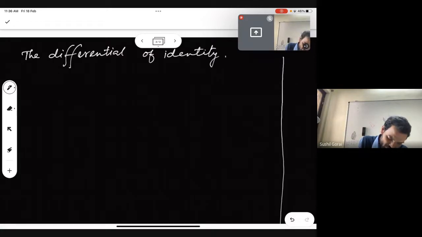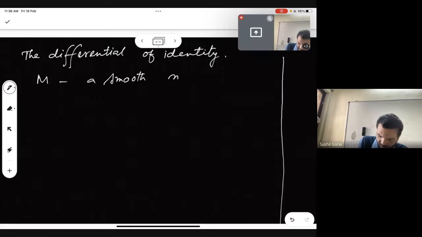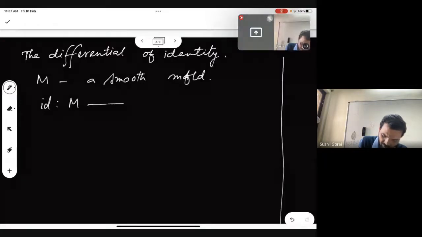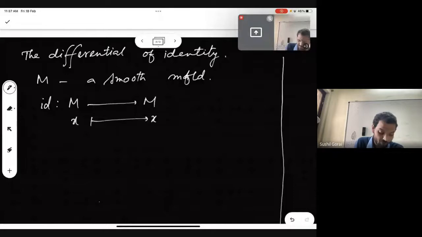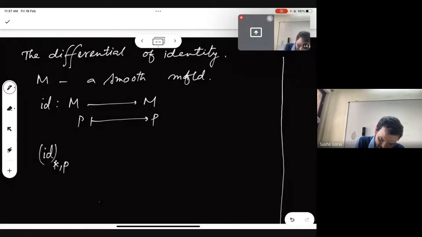So suppose M is a smooth manifold and identity is a map from M to M, right? X goes to X, or P goes to P. So what is the differential of identity? So what is identity star at P? Any guess?